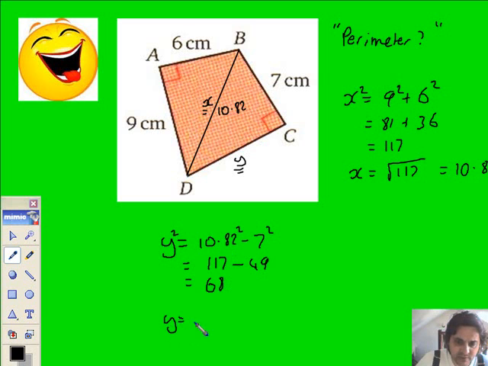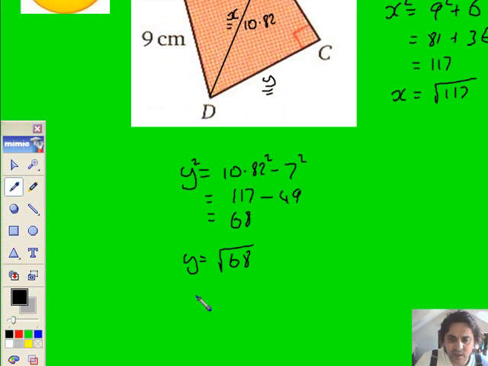Press the square root button on the 68 and we'll get an answer. Root that, we've got 8.246. I'm going to call that 8.25 actually, and that's centimeters.